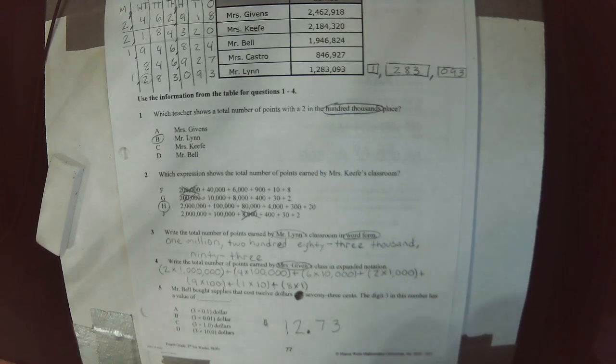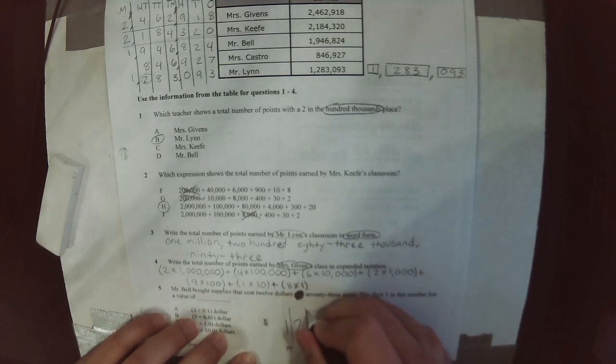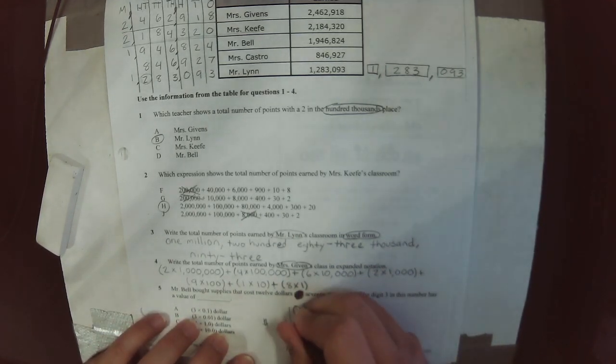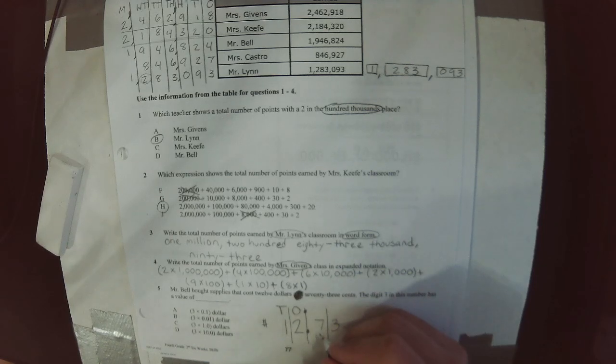They're asking about my place value. The place value chart. In front of the decimal, you have the ones place and the tens place. What about after the decimal? After the decimal, I've got two decimal place values. What's the first one?